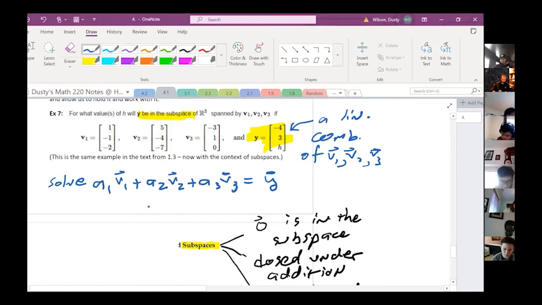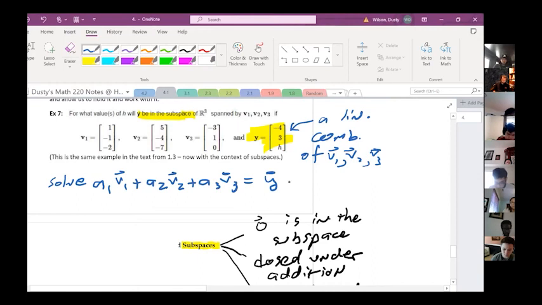In other words, we added scalar multiples of the vectors, different combinations of the vectors, and we still stayed within the space. This should look familiar.